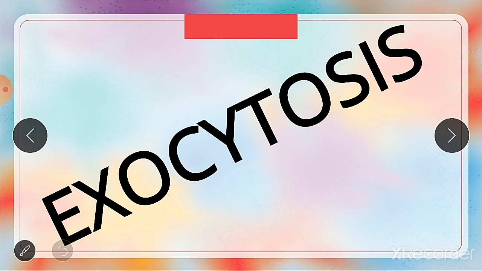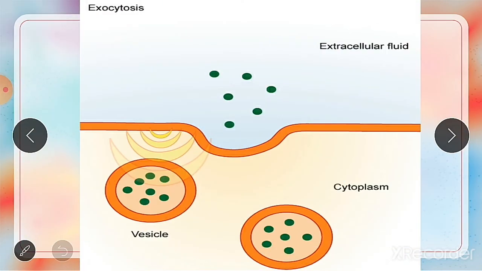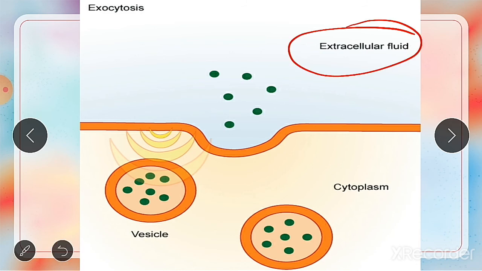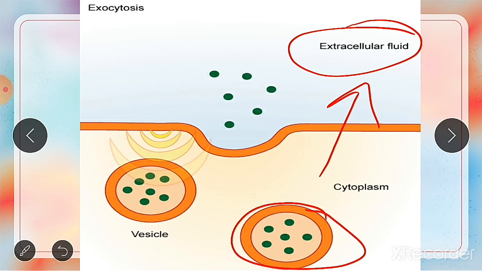Then what is exocytosis? It is the process by which cells move materials from within the cell into the extracellular fluid. We know that there is extracellular fluid outside the cell, so the materials are moving from inside the cell to the outside. Exocytosis occurs when a vesicle containing the waste material fuses with the plasma membrane, and the plasma membrane allows it to excrete, or we can say release, the contents of the vesicle outside the cell.